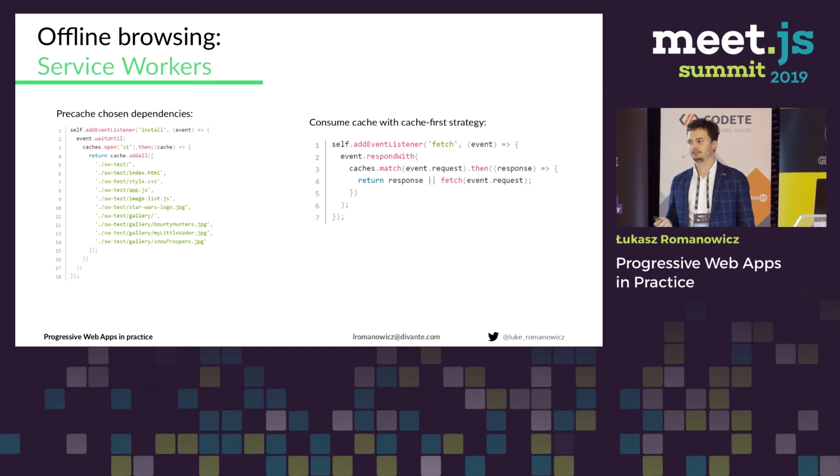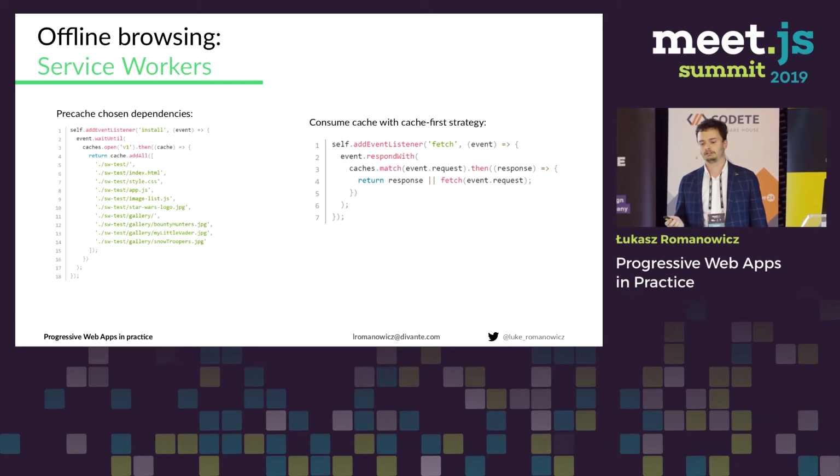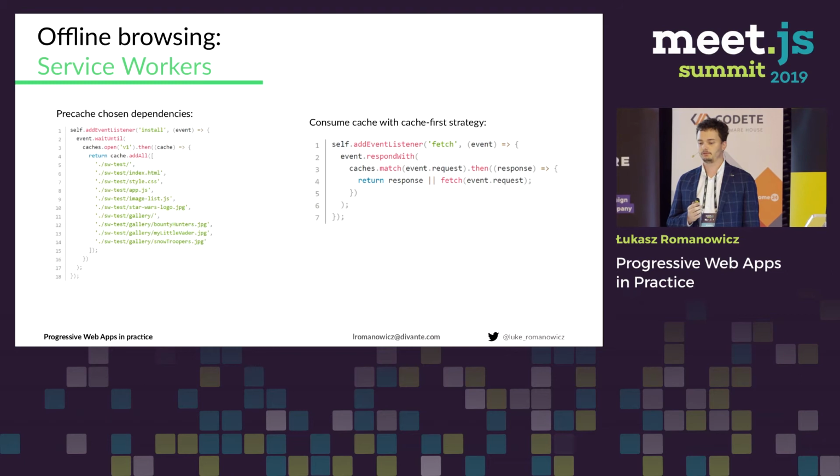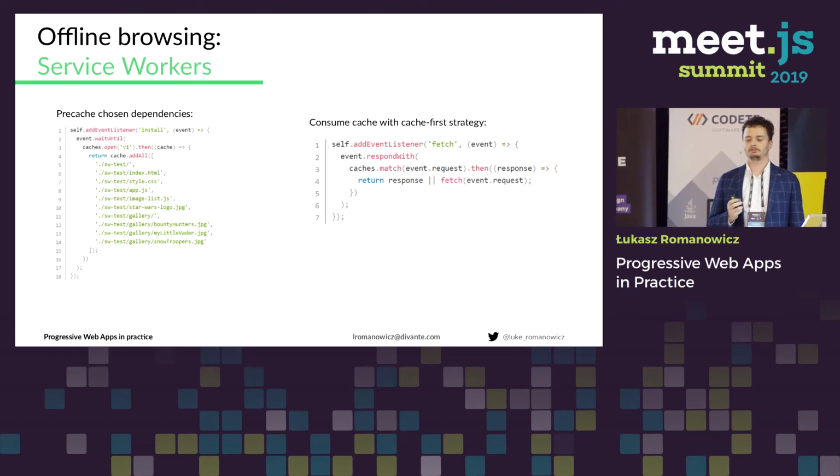For instance, install is a very good hook to cache some stuff, so your application will later be available offline. Then you also want to utilize the fetch hook, which might be used, for instance, as a proxy for requests, and the responses can be replaced if there is already content that is cached.